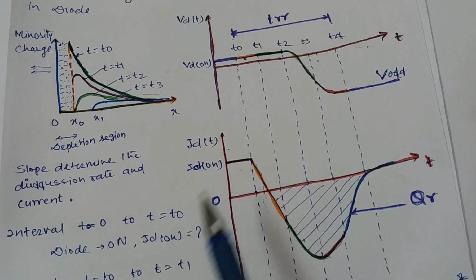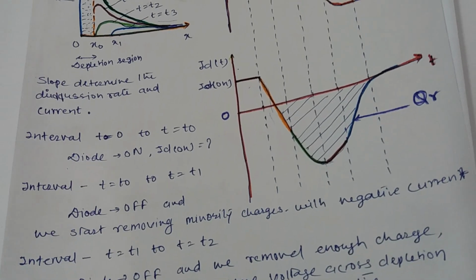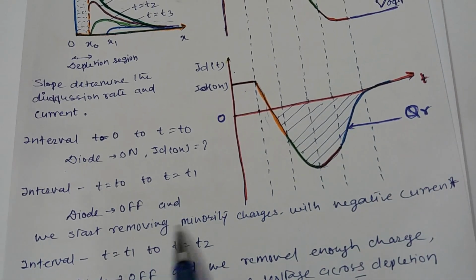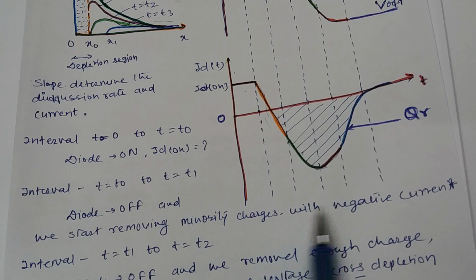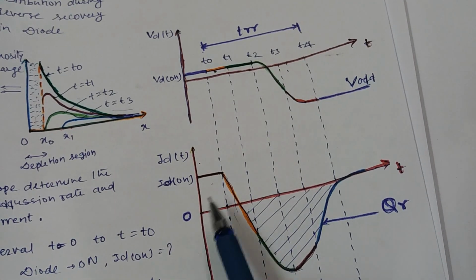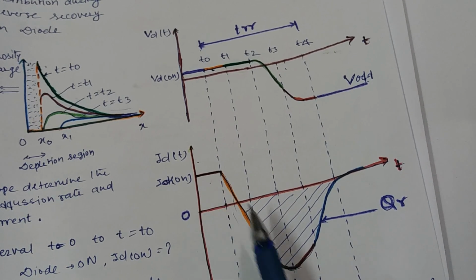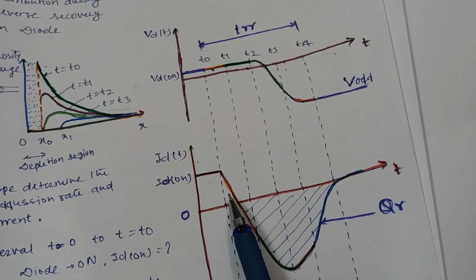So what happens when the diode is in reverse bias condition? We start removing minority charges with a negative current. You can see here there is some negative current flowing through the diode.